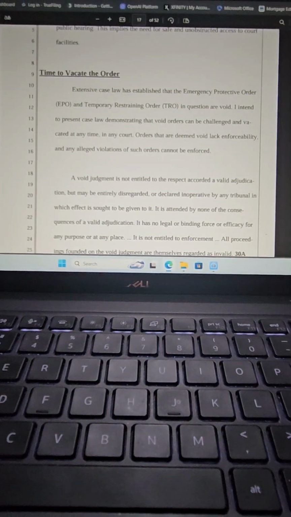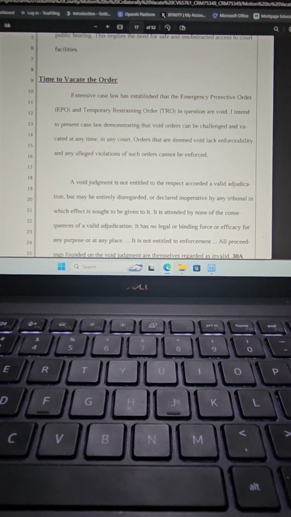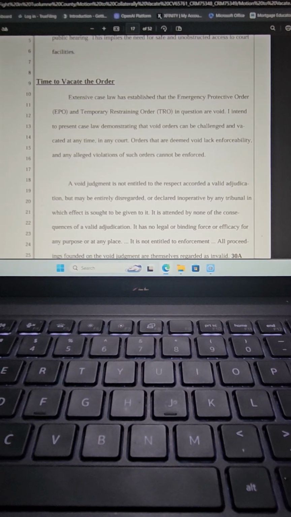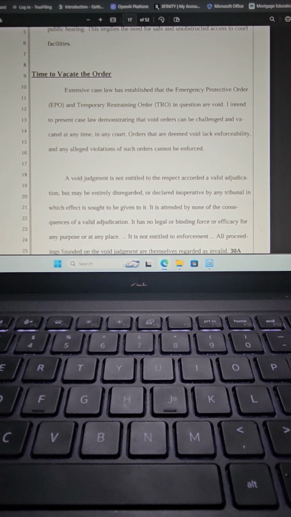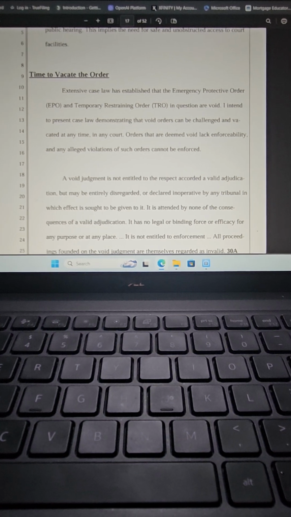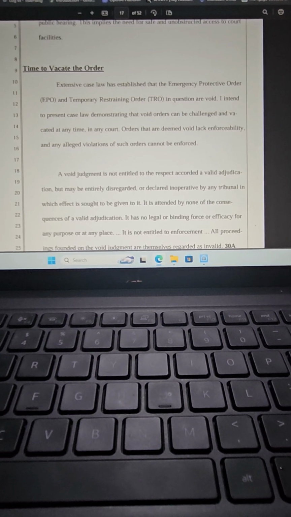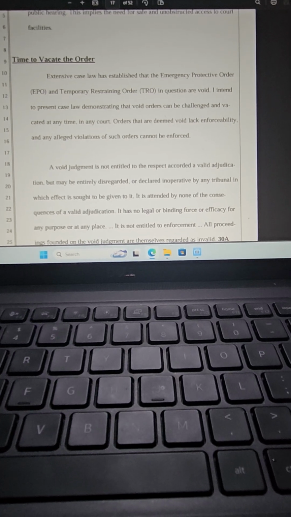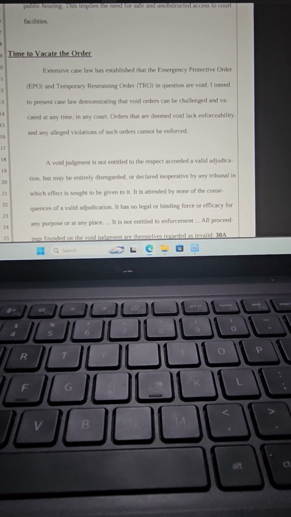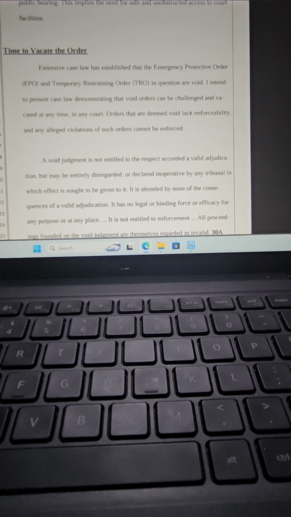Extensive case law has established that the emergency protection order, EPO, and temporary restraining order, TRO, in question are void. I intend to present case law demonstrating that void orders can be challenged and vacated at any time in any court. Orders that are deemed void lack enforceability, and any alleged violations of such orders cannot be enforced.